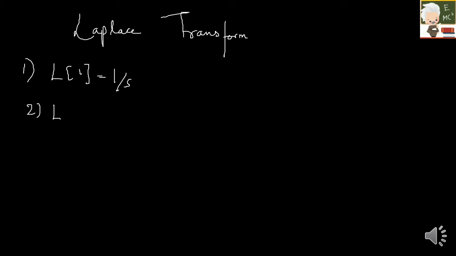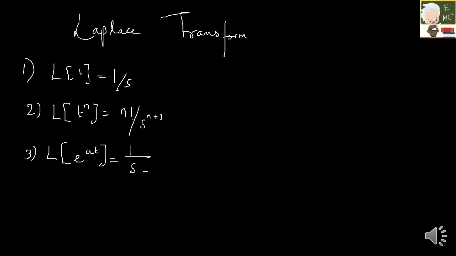The second one was the Laplace transform of t power n, which is n factorial by s power n plus 1. The third is the Laplace transform of e raised to at, which is 1 by s minus a. The fourth was the Laplace transform of e raised to minus at, which is 1 by s plus a.